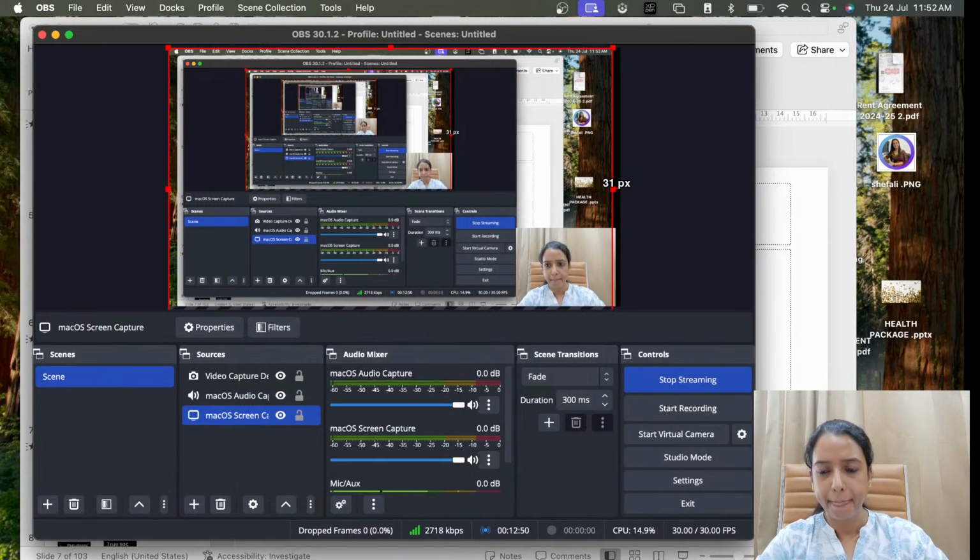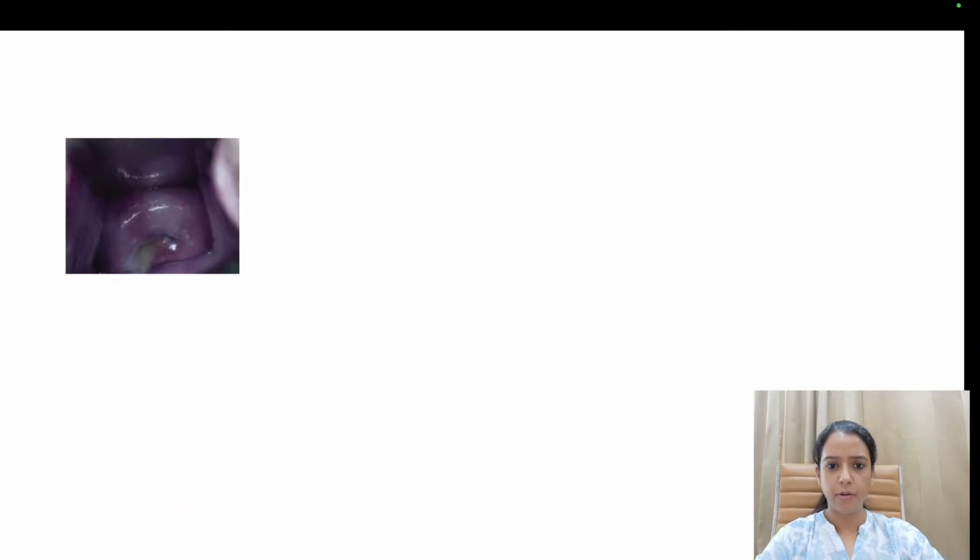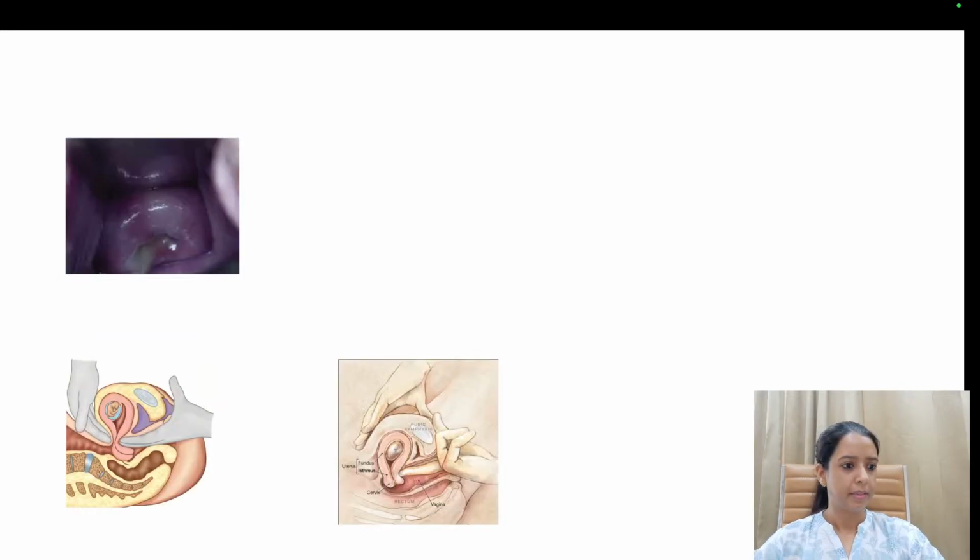Now I think it is adjusted. I think now the screen is visible. That's what I feel. Now the screen is also corrected.